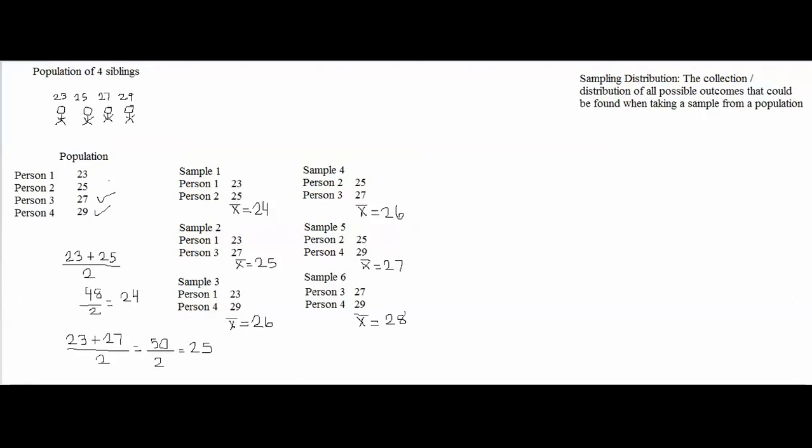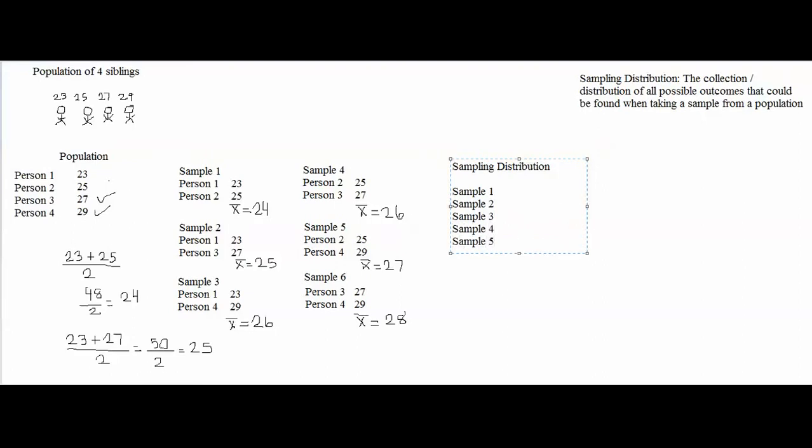If we list out the means of all of the possible samples, then we have something called the sampling distribution. So I'm going to write sample 1, sample 2, and so on, all the way down to sample 6.